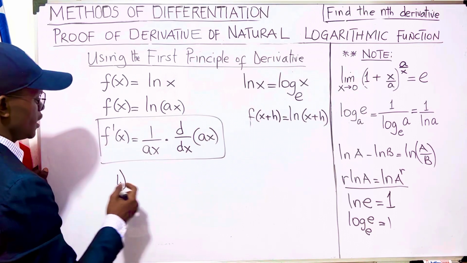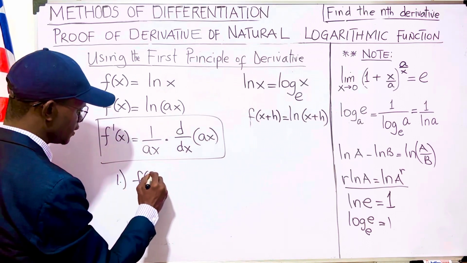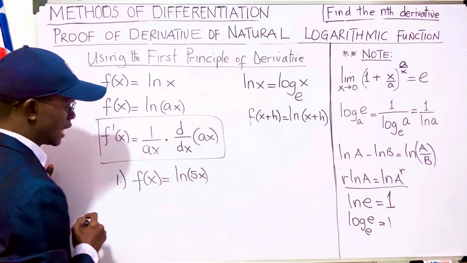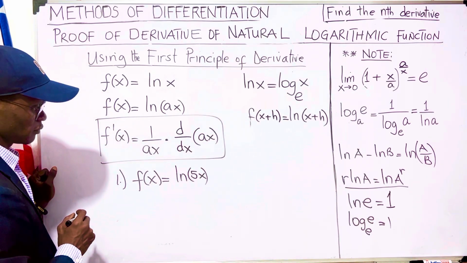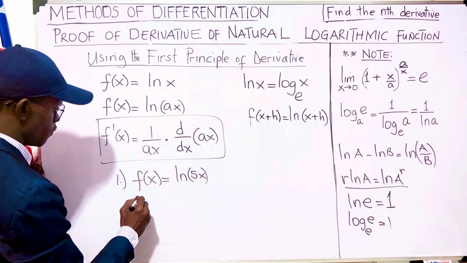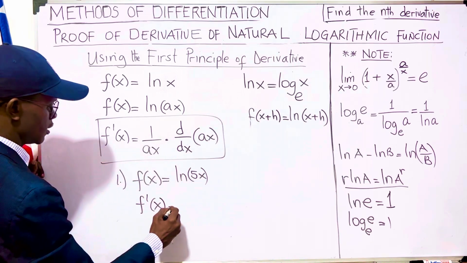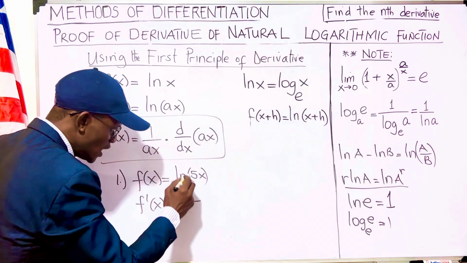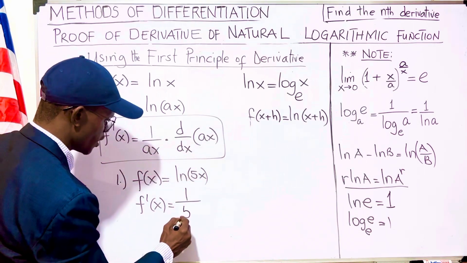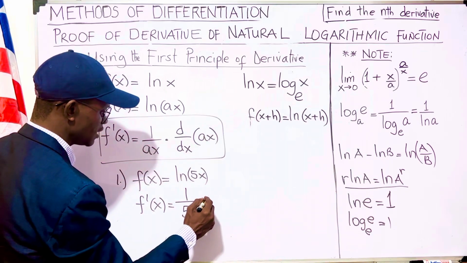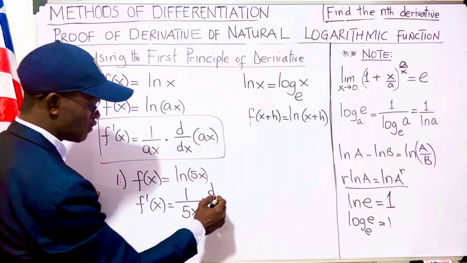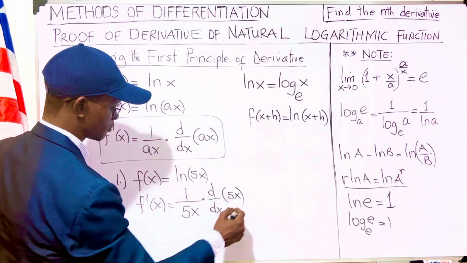Example 1. If we have the function f of x equals ln of 5x, for example, how can we find its derivative? We have f prime of x equal to 1 all over whatsoever is within here. You rewrite it: 1 all over 5x, times the derivative of this 5x.